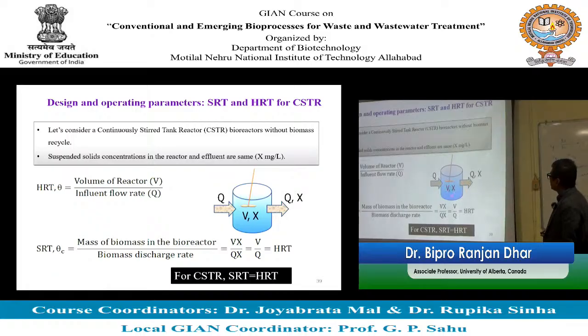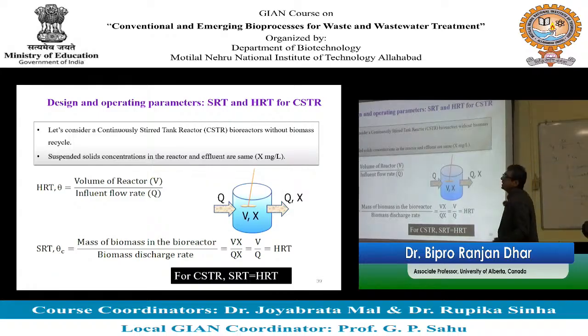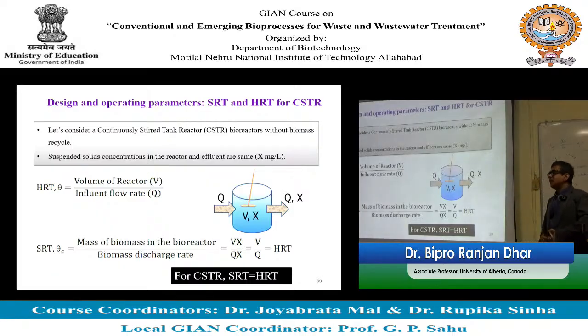So VX, and biomass discharge rate, you have effluent flow rate Q and your concentration X, right? So divide by QX, but X we can get rid of it, and so V over Q is the same as HRT. So when we have a CSTR, our SRT and HRT are the same, right? Means if in activated sludge we don't have the recirculation, yeah, it will be the same. Yeah, SRT and HRT are going to be the same.